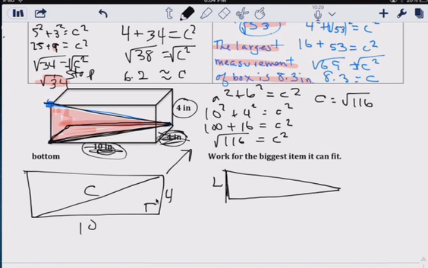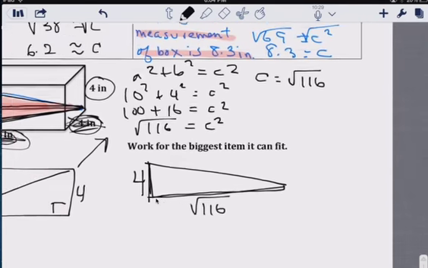And this length right here is the square root of 116. So we got that information.